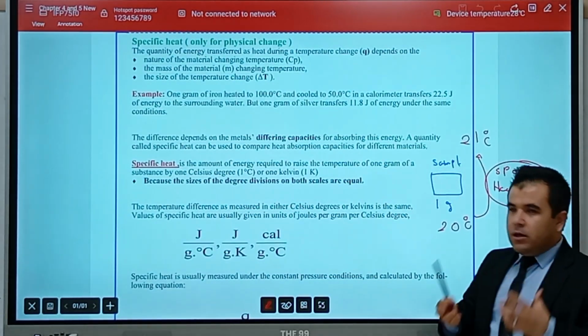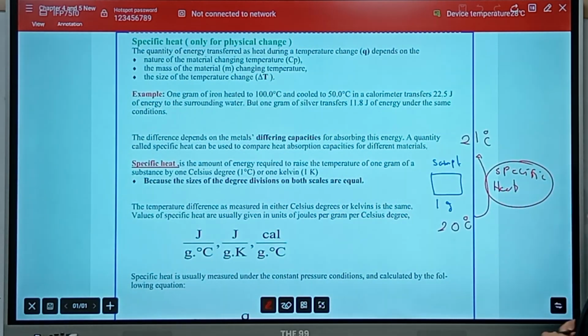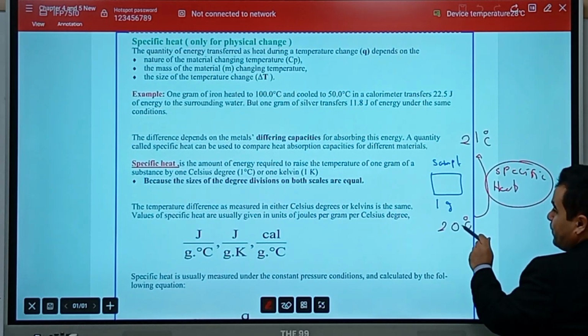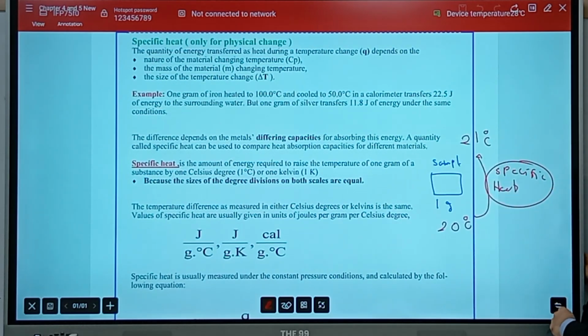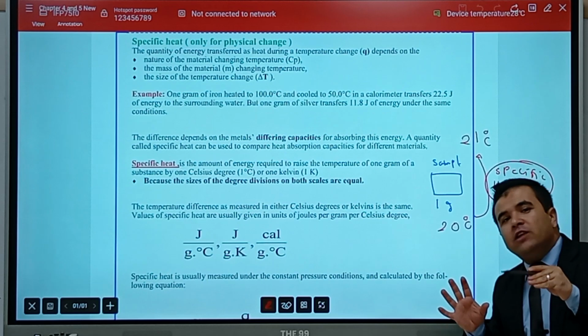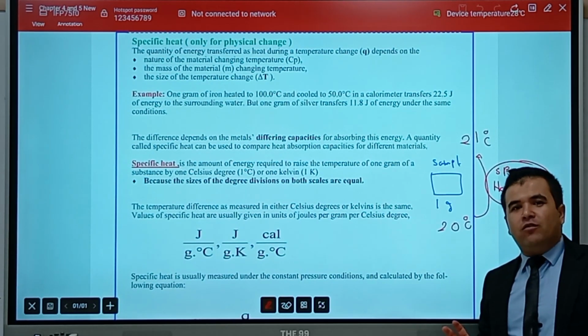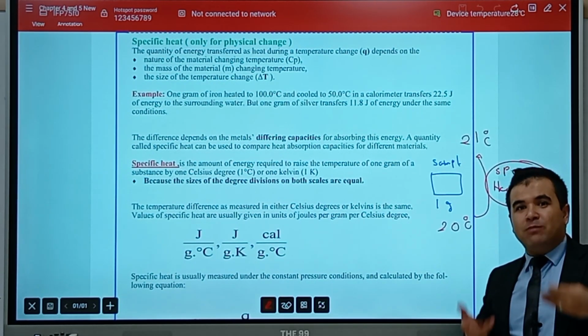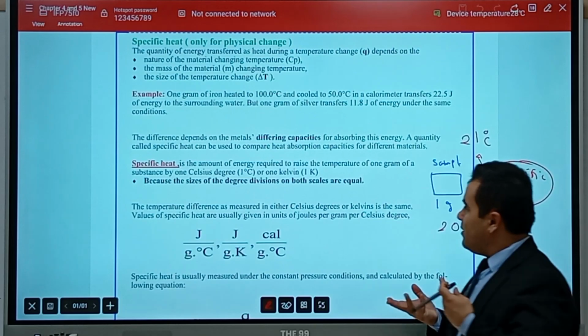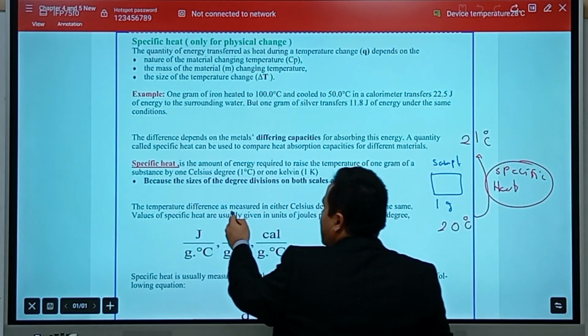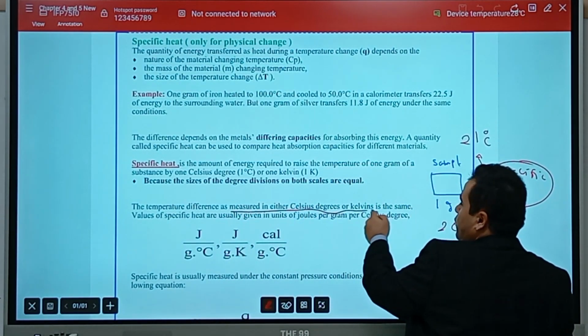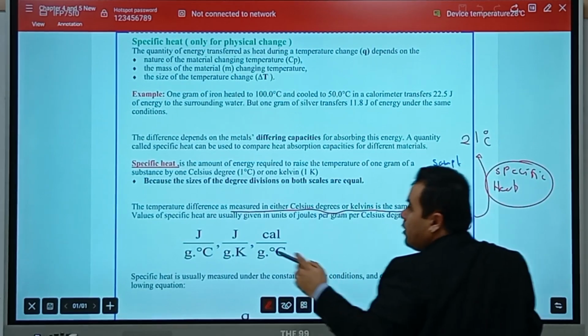The changes have no difference, that's why in both scales we can use the changes. This specific heat represents the absorption capacity of the materials. The temperature difference measured in either Celsius or Kelvin is the same.